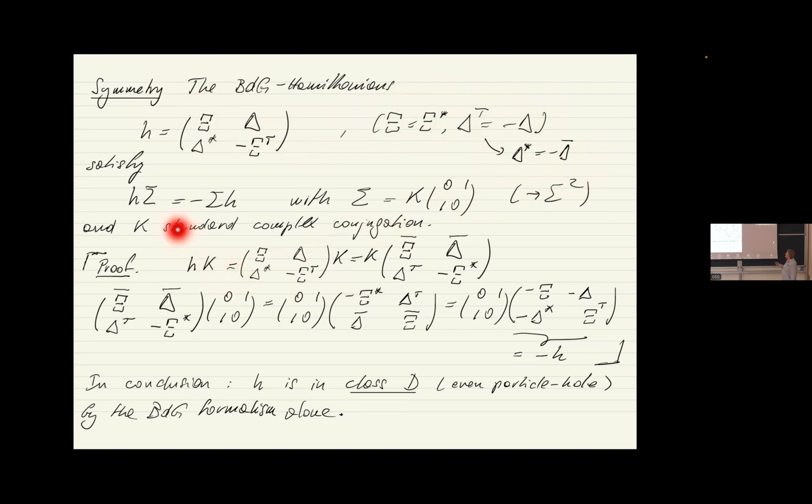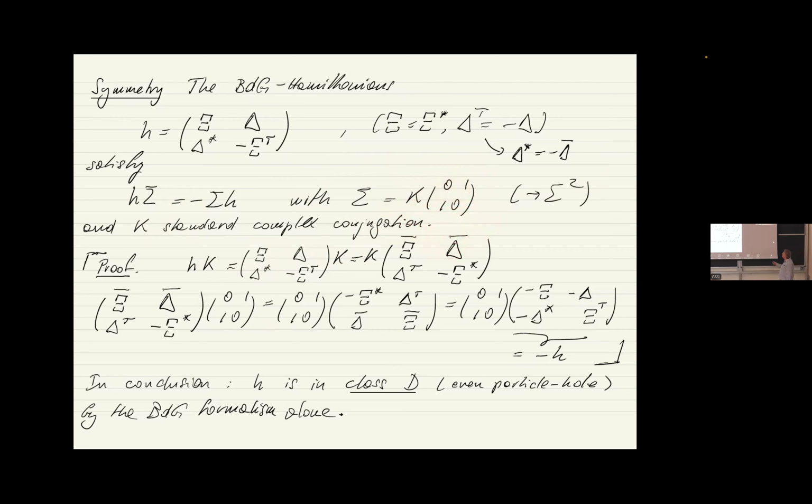And they claim they satisfy a symmetry or an anti-symmetry. H anti-commutes with sigma, where sigma is something anti-unitary, consisting of the standard complex conjugation on Cn. And then you have this Pauli block matrix that you recognize here.